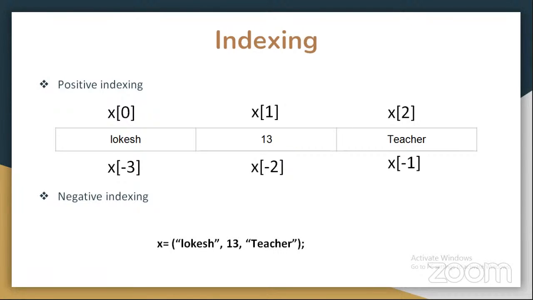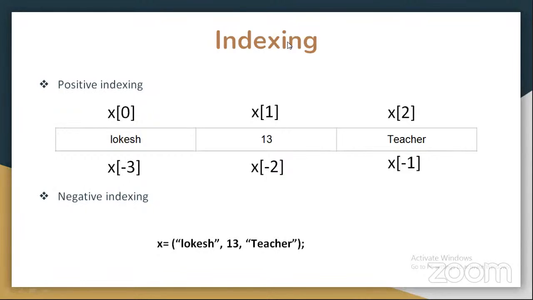In the positive axis, x of 0 means the memory location, the memory index. x of 0 stores the value location, x of 1 stores the value 13, and x of 2 stores teacher.